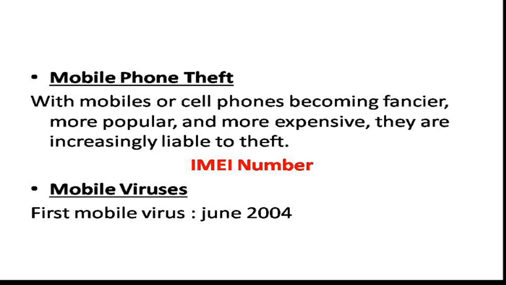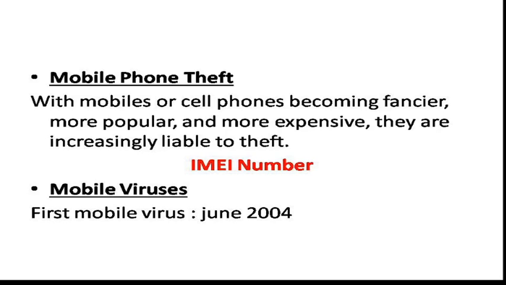So whenever your mobile phone is lost, the only source through which we can find our mobile phone is the IMEI number. For each and every mobile phone, or on the back side of the battery, you will have an IMEI number, that is International Mobile Equipment Identity number. This is a unique number for each and every mobile. With that unique number, we can fetch our mobile phones very easily.